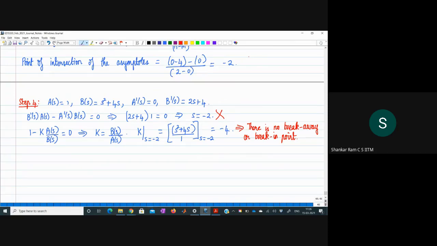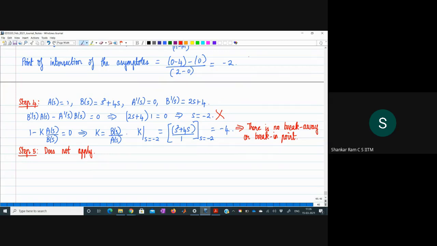So that's step 4. Now moving on, what is step 5? Step 5 is angle of departure and angle of arrival, right? In this particular problem, this step does not apply, because there are no complex open loop poles or complex open loop zeros.